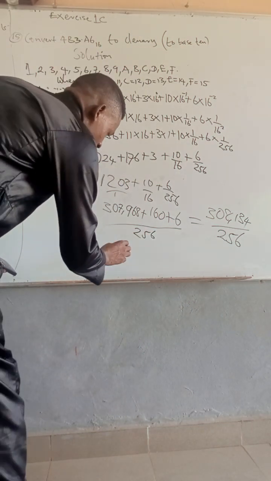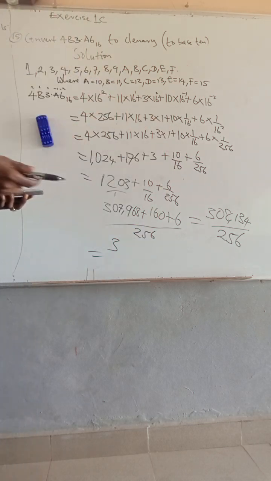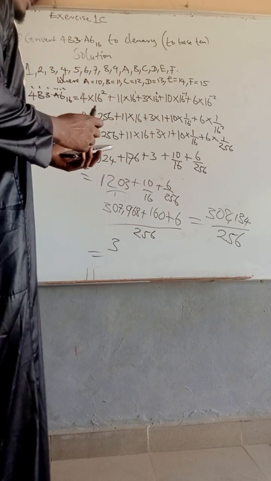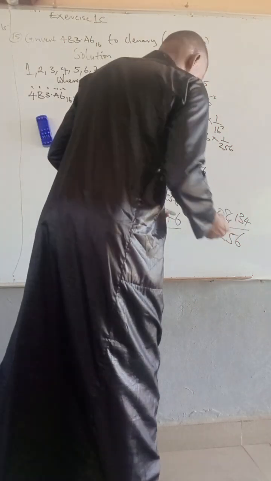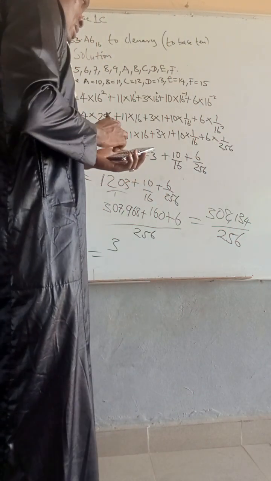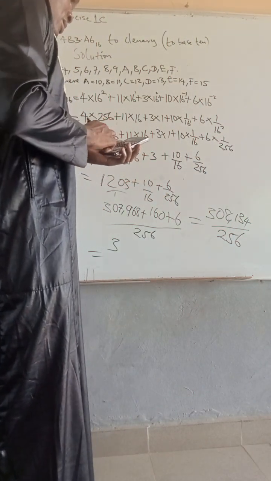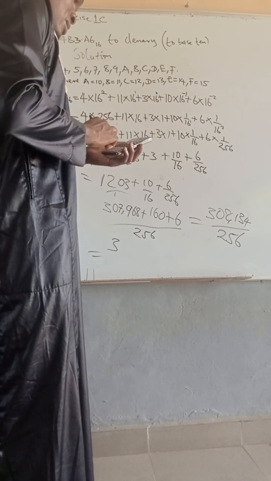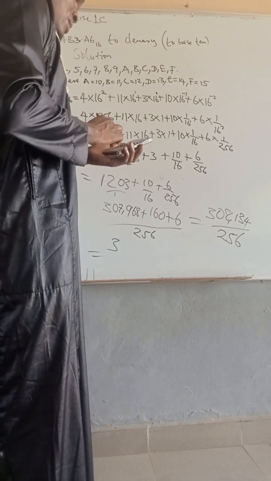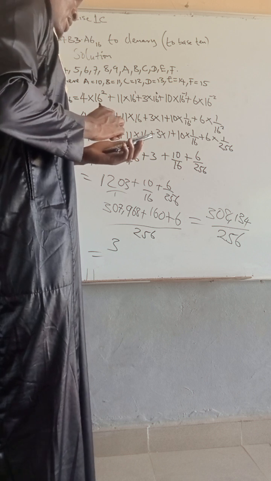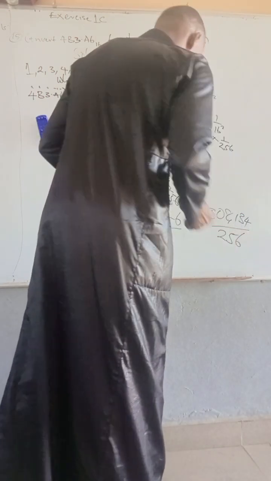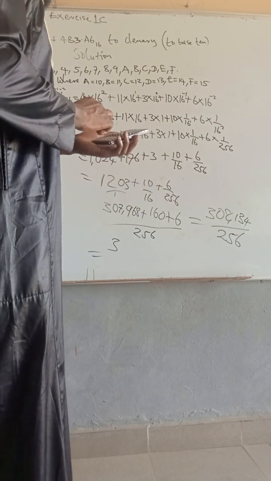Let me try reducing it to the simplest form. Let me try reducing it and see what I will have. There is a fraction. 2 can go here.